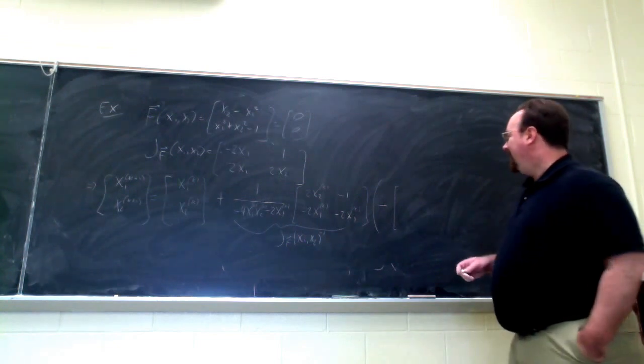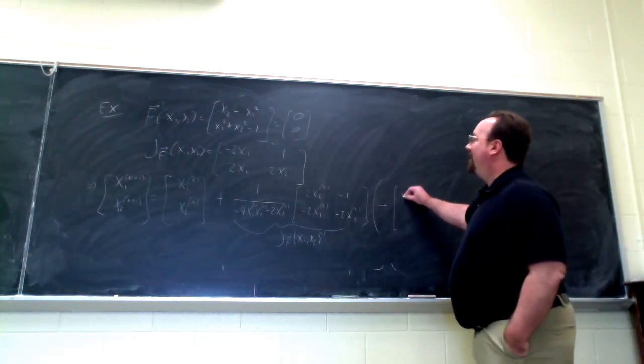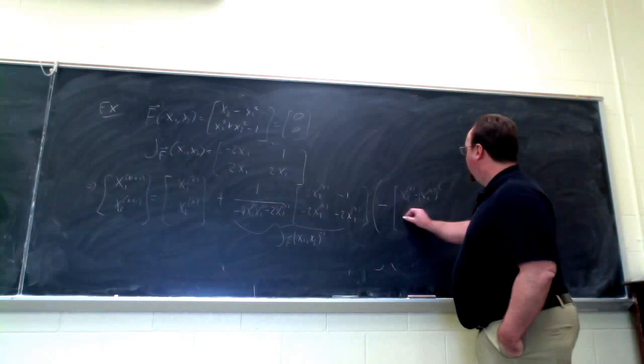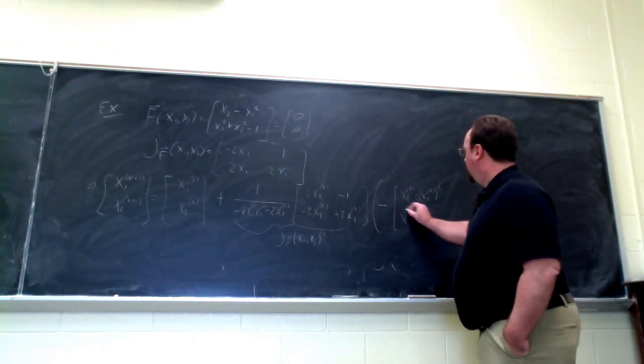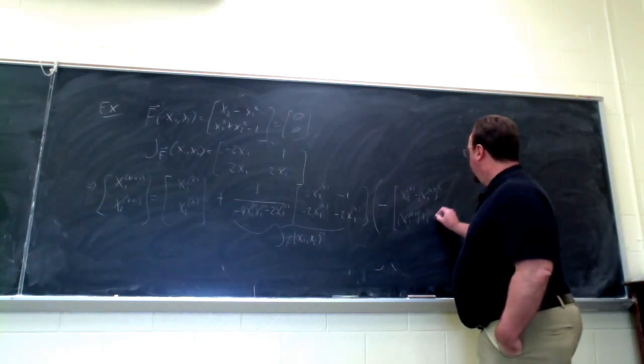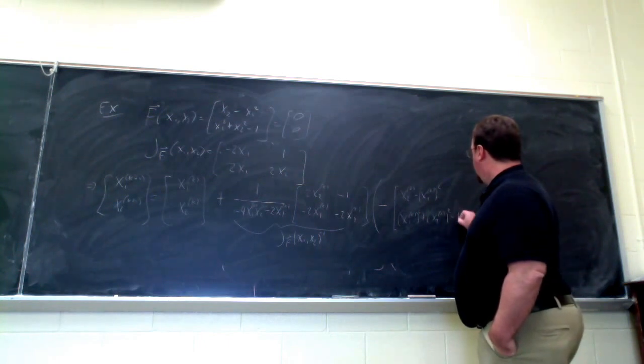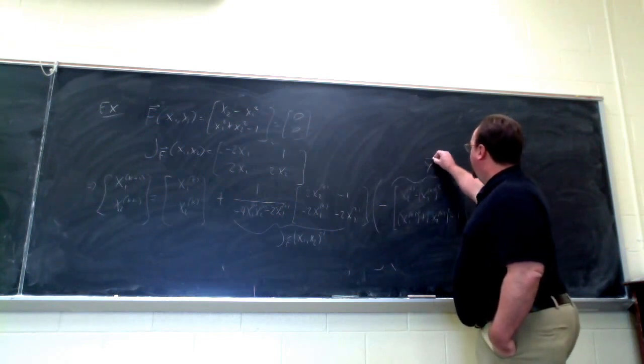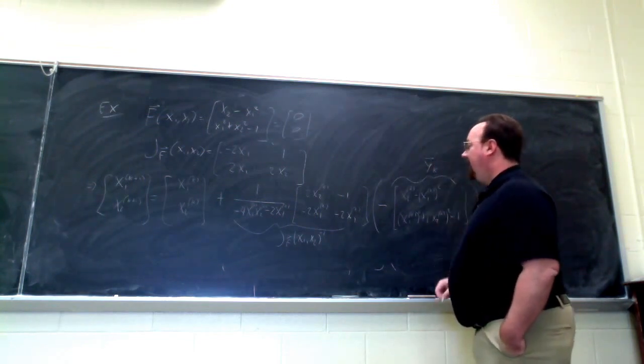We're actually solving for sk, and x k plus 1 equals xk plus sk. This whole thing without the minus is yk.